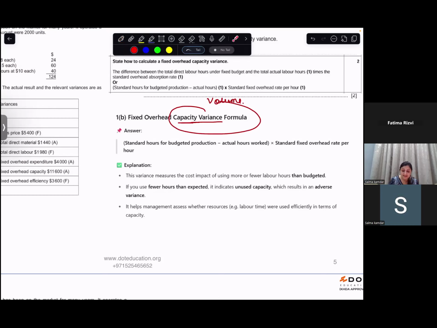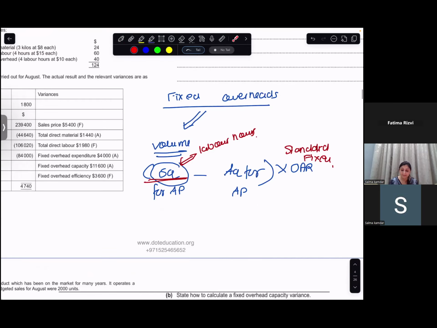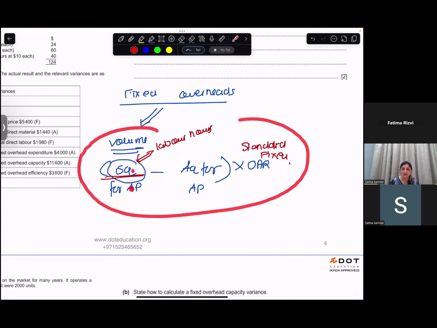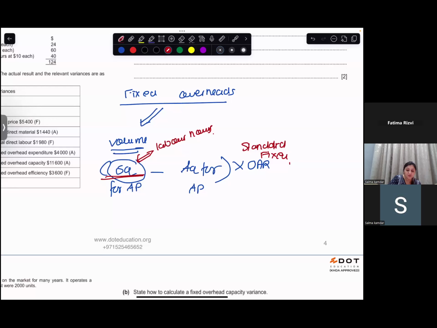So it is standard hours, not actual production, but here you're going to take the budgeted production minus the actual hours for actual production into standard fixed overhead rate. Remember, when I am doing this standard quantity for actual production minus actual quantity for actual production, I'm finding fixed overhead volume variance.